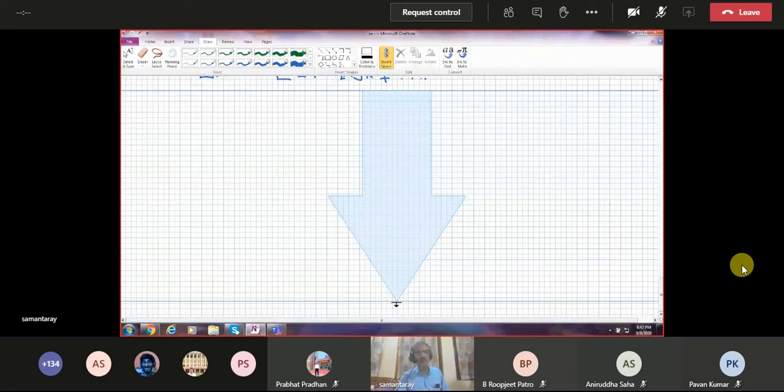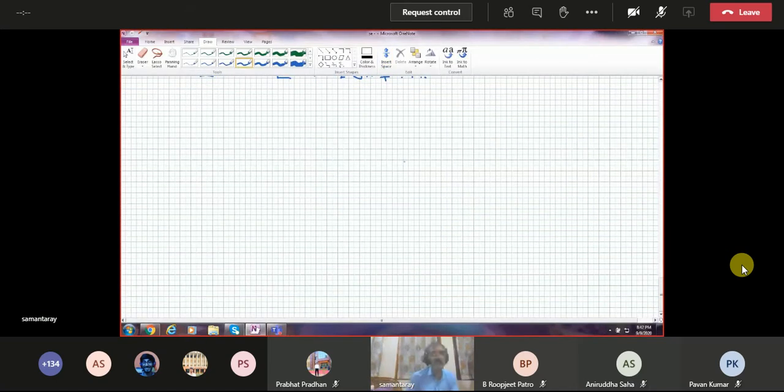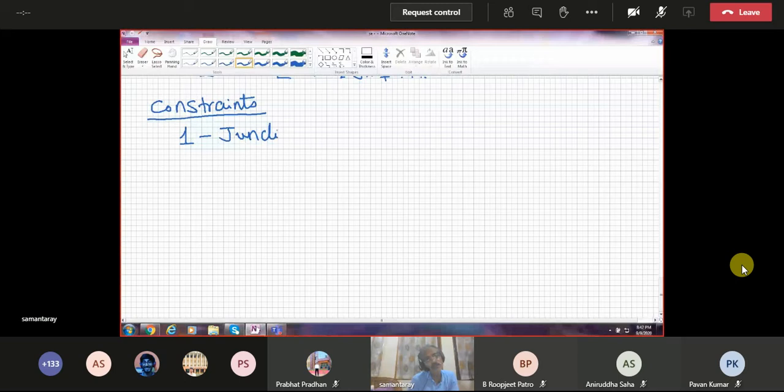So please be very attentive here, because this is where all confusion comes. Constraints. So we have two counts of constraints. One is one junction, where flows are equal.